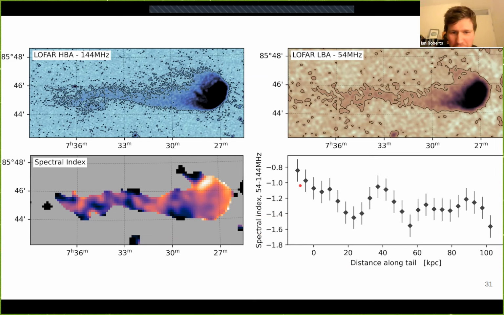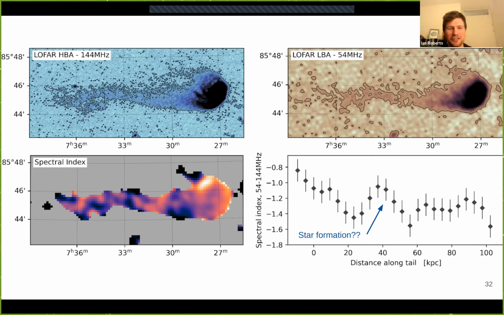Again, I'll note the spectral index is flattest not at the center of the galaxy, which would be 0 here, but on the leading edge, again probably due to the high star formation that's going on there. And then maybe we have this bump in the spectral index profile. Maybe this is star formation. This is this part of the tail here.